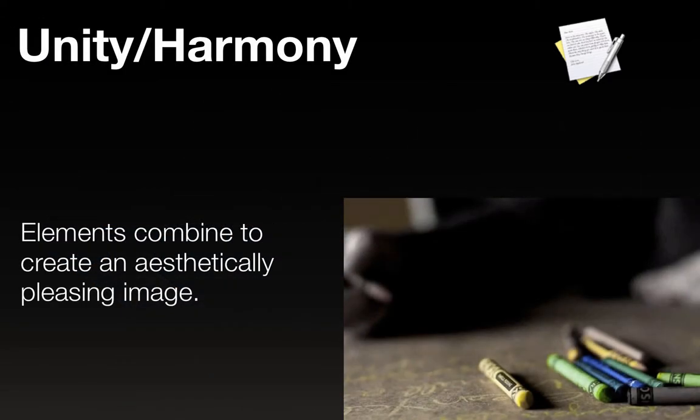Unity is basically just about your designs working as an overall whole. The visual elements in your design are working together to create an aesthetically pleasing image, and it means that your elements are not working against each other.